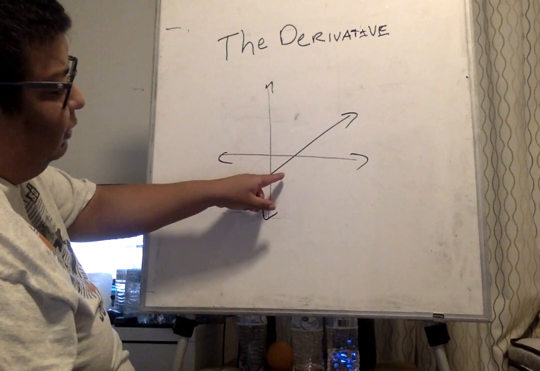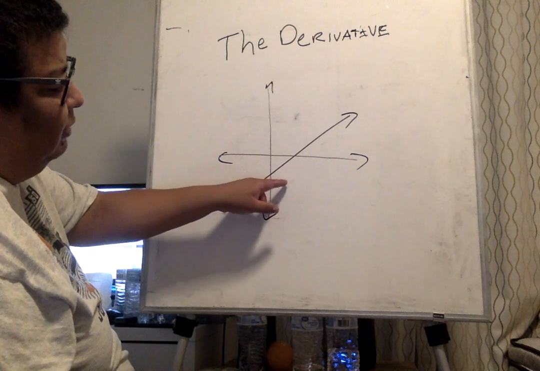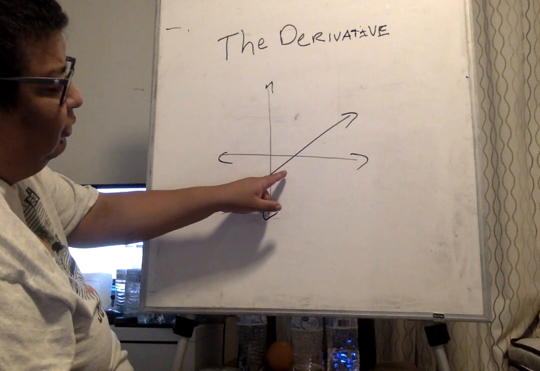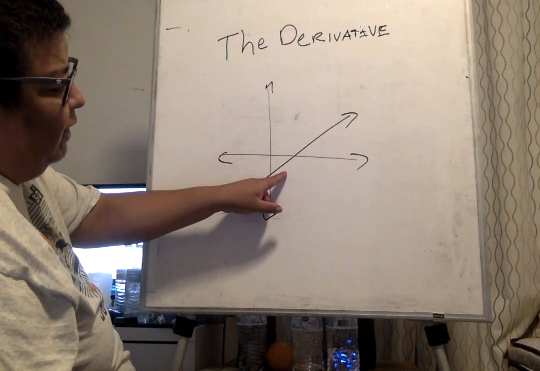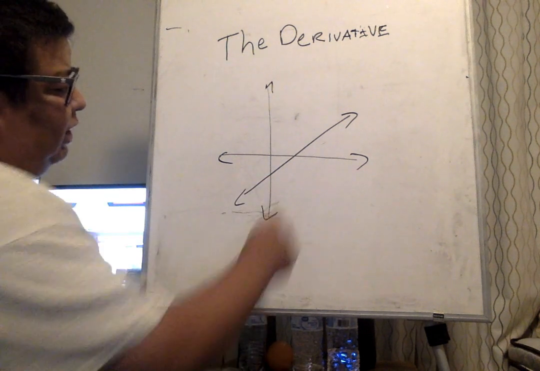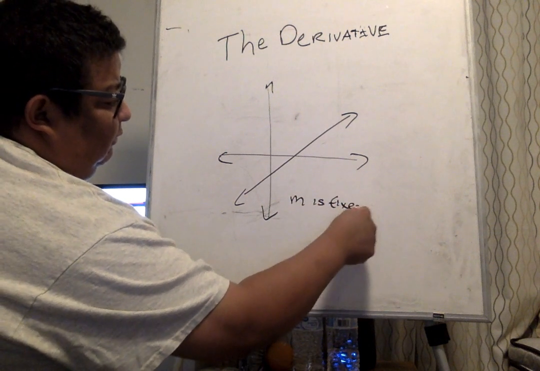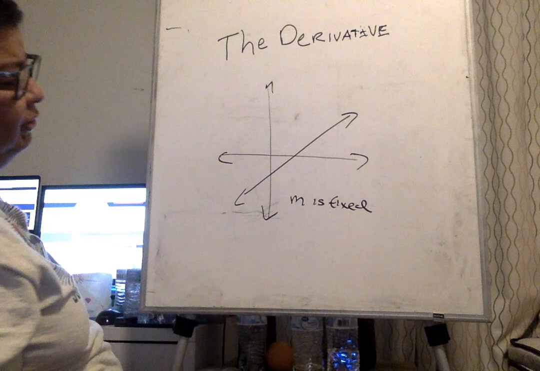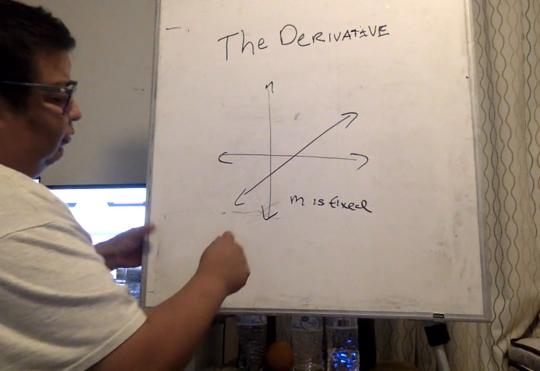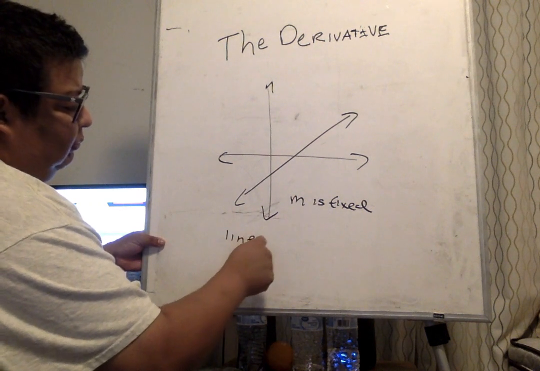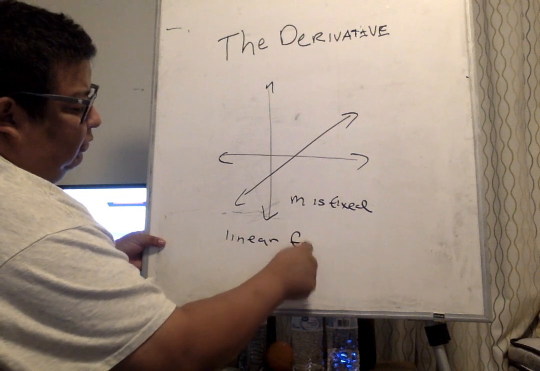Notice, if you remember, the slope of a line is always the same. So m is fixed for a linear function.